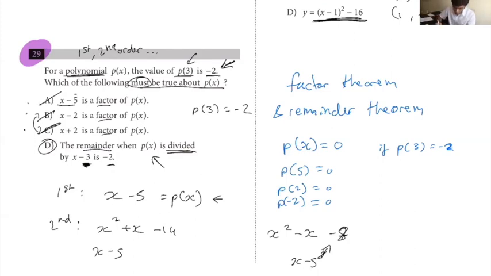So what he's saying is, in the remainder theorem, if you have P of 3 equals minus 2, then the remainder when P of X is divided by X minus 3 is minus 2. That's right, the remainder is minus 2, yeah. So that's the remainder theorem.